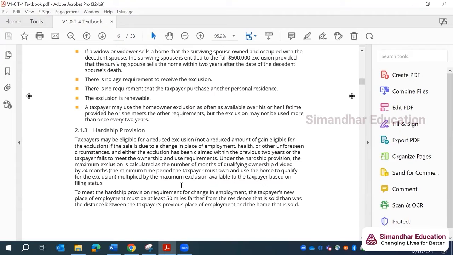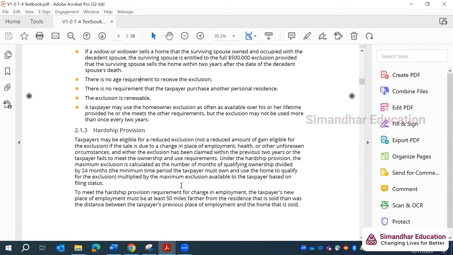One is the hardship provision. The second is the non-qualified use of property. Now, what is the hardship provision? Ideally you are supposed to satisfy both the requirements before you can get the benefits of exclusion of the gain.